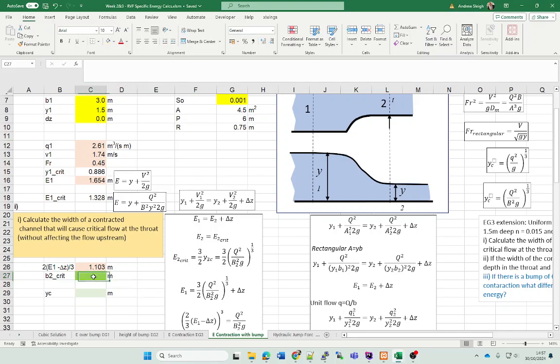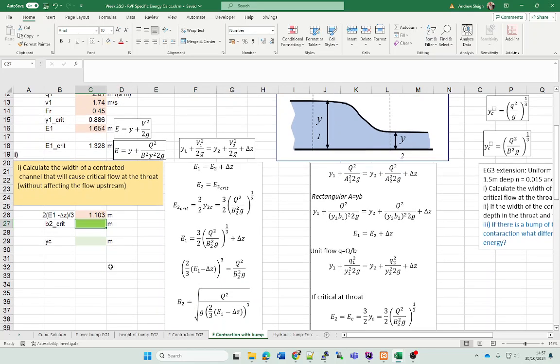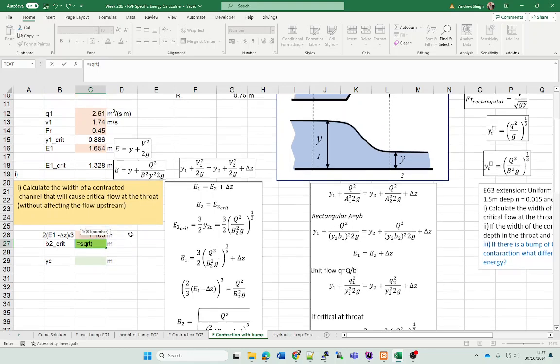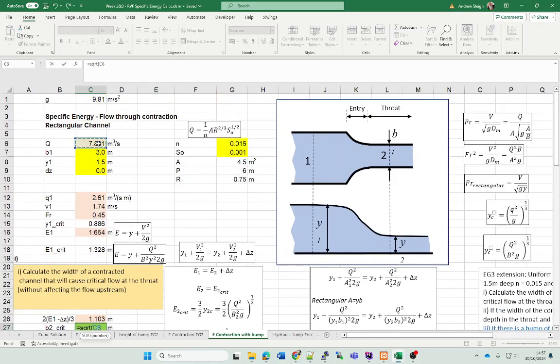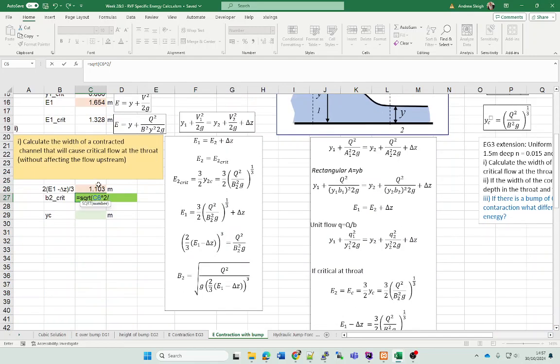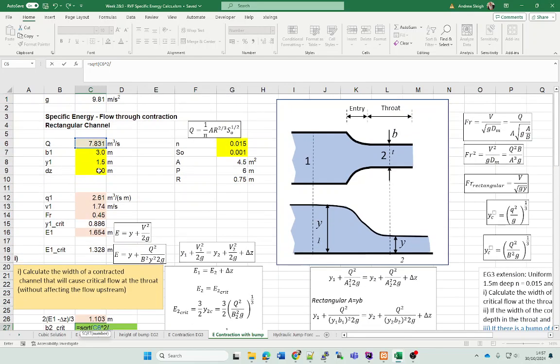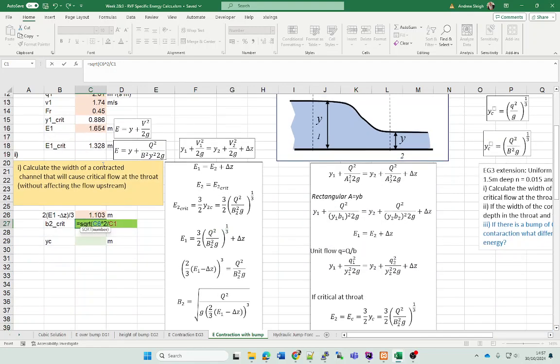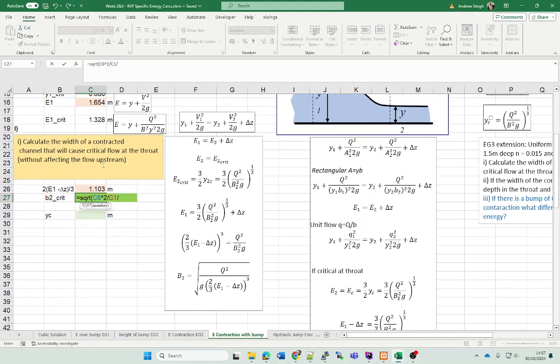The critical width is this formula, equals the square root of capital Q squared divided by g, times that number we just calculated, all cubed, 2.16.